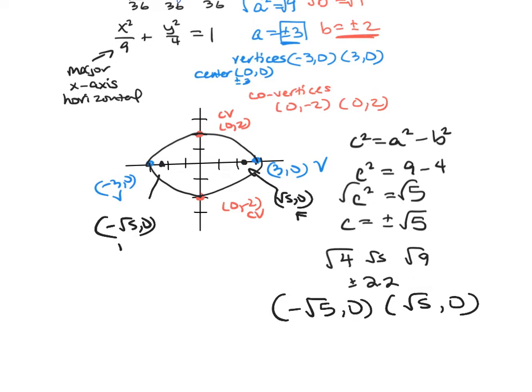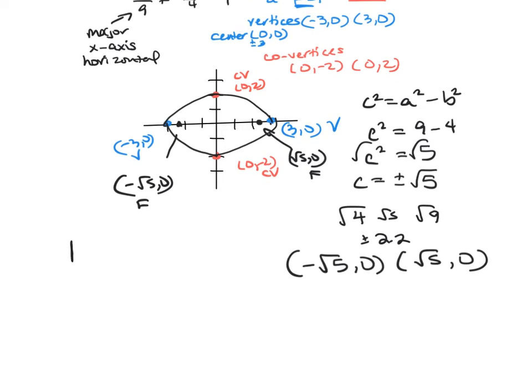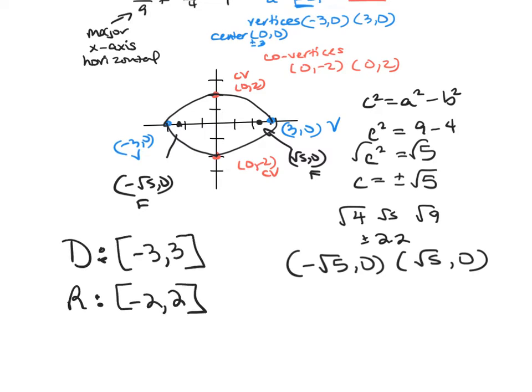And these are the focus points. Domain. So for my x value, because domain is always x, it goes from -3 to +3. For the range, that's the y, and it goes from -2 to +2.